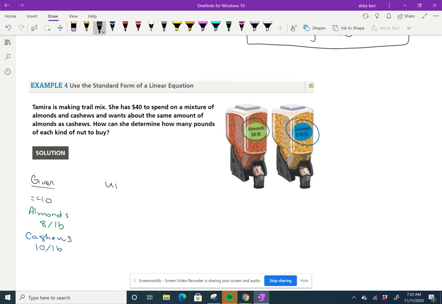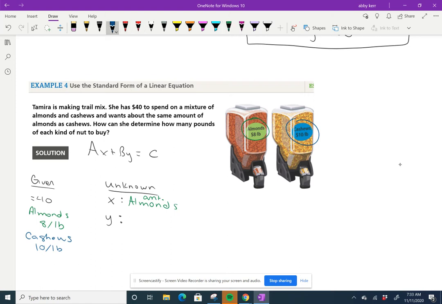So once again, our unknown, we are going to have two different variables. And technically you could do A for almonds and C for cashews or whatever letters you want as long as you define them. But I always like to stick with x and y. So we need it to be in standard form. So x I saw first, so I'm going to just make my x the amount of almonds. I'm abbreviating amount by AMT.